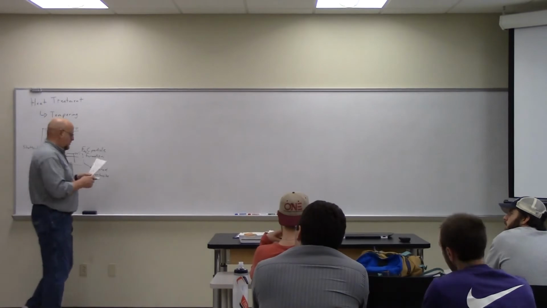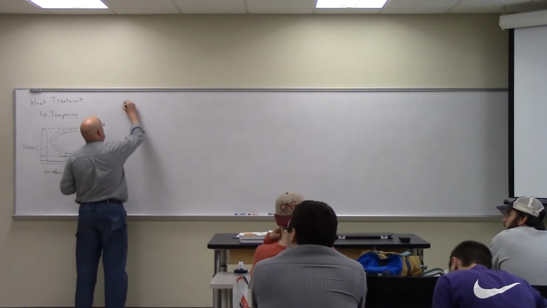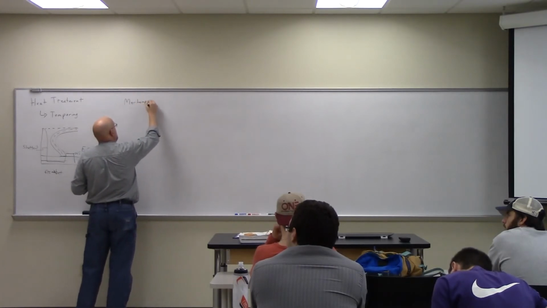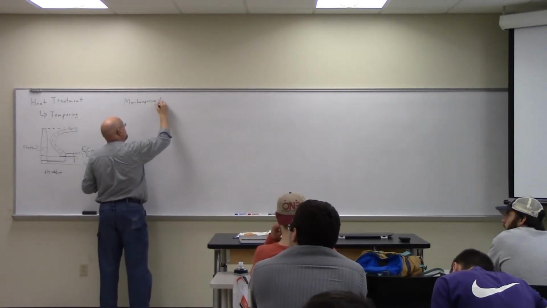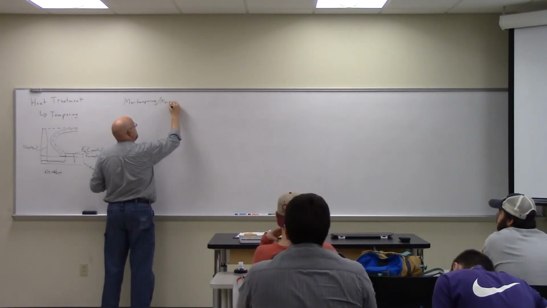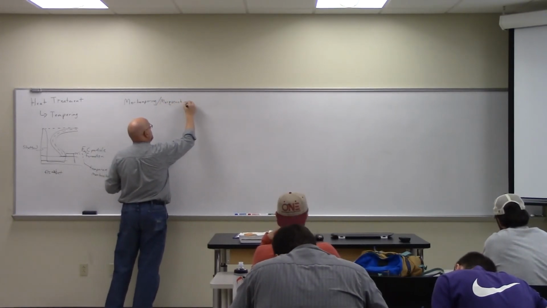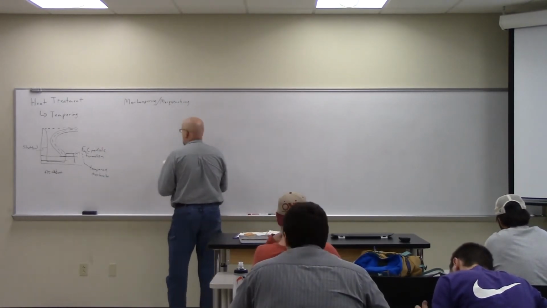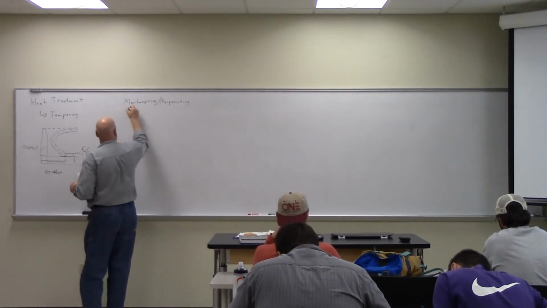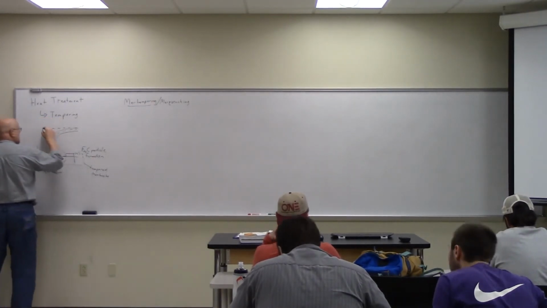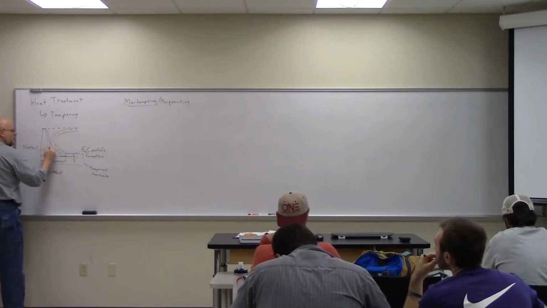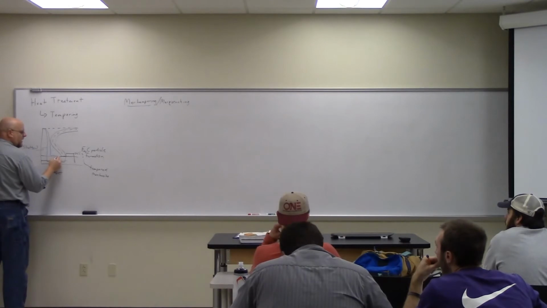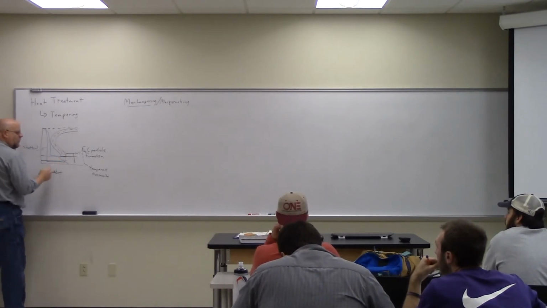So what you're more likely to do is use mar tempering or mar quenching. For that, we will go to blue. So mar tempering or mar quenching is where we take this curve and we just miss the knee, and then we can leave it out here for a bit and then gradually cool it through that region.